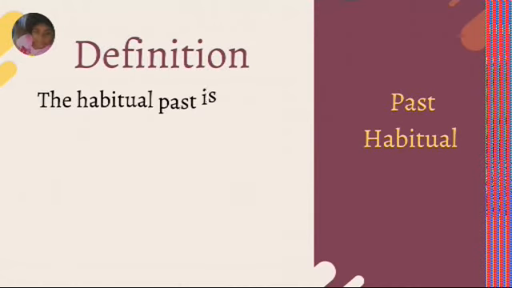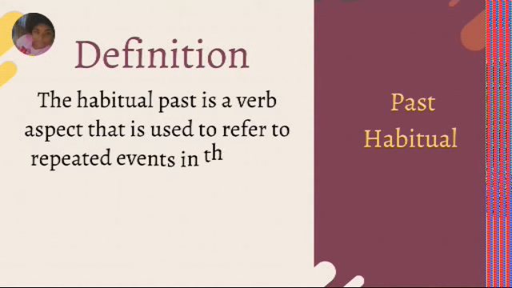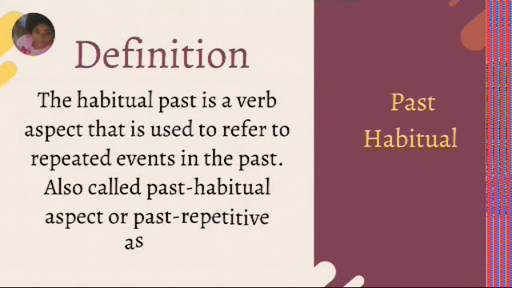The habitual past is a verb aspect that is used to refer to repeated events in the past, also called past habitual aspect or past repetitive aspect.